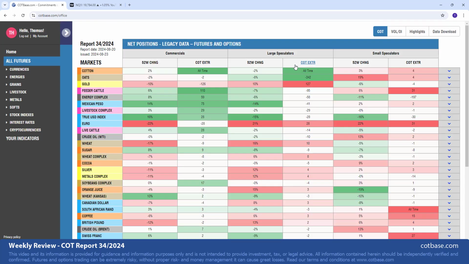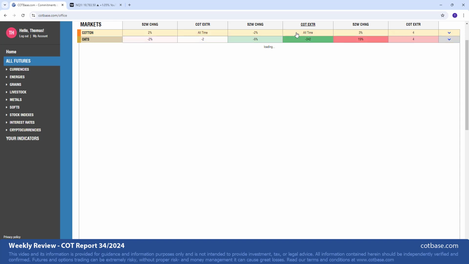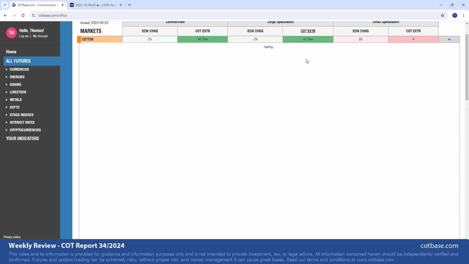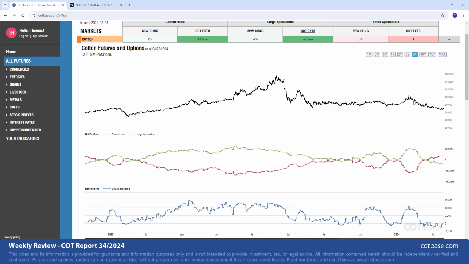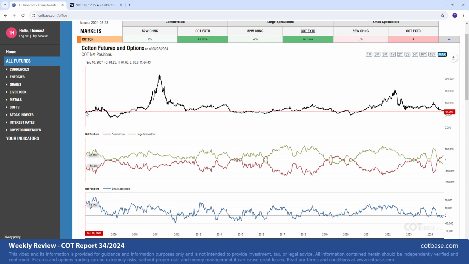Moving on to large speculators COT extreme analysis, let's open cotton first with an all-time COT extreme, meaning, of course, never in the history of COT data. And when I say history, COTBASE.com offers you the entire history back until 2007.